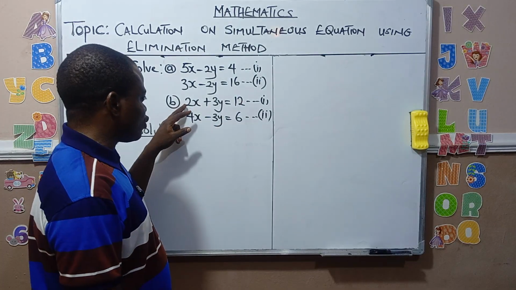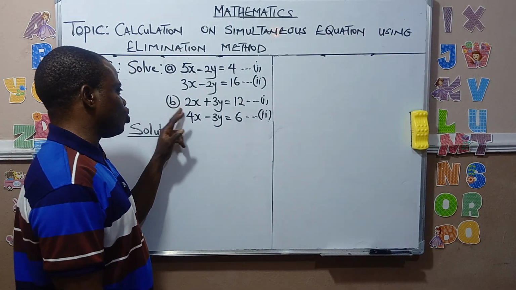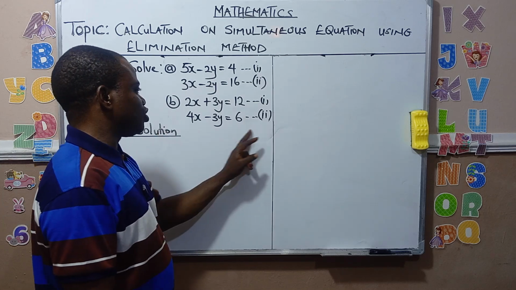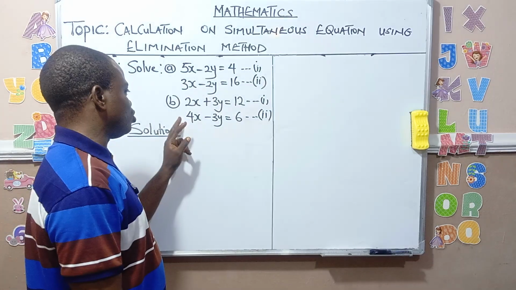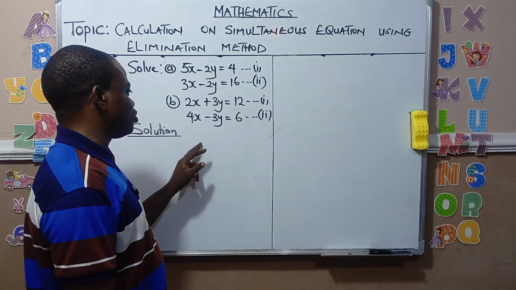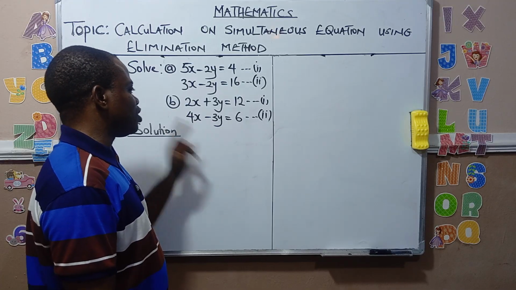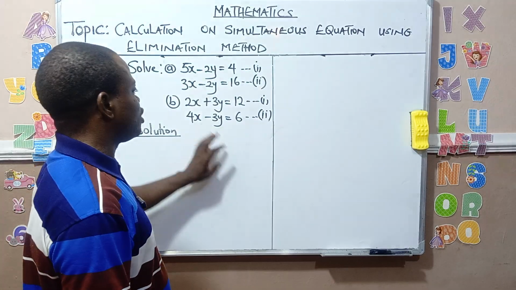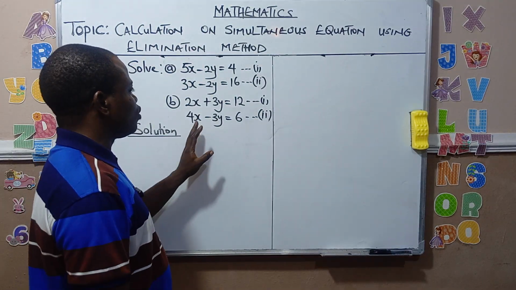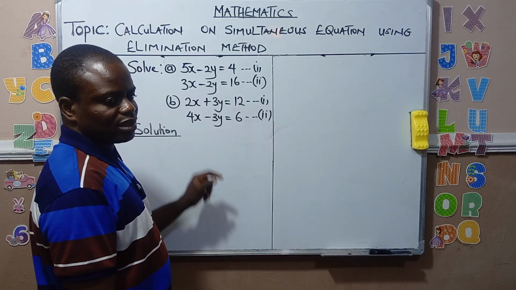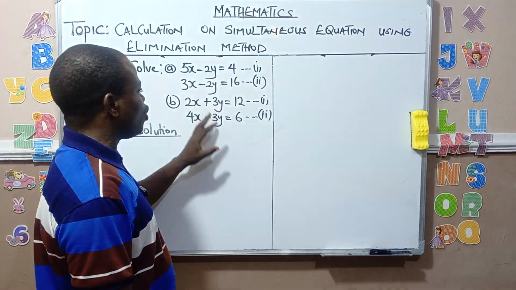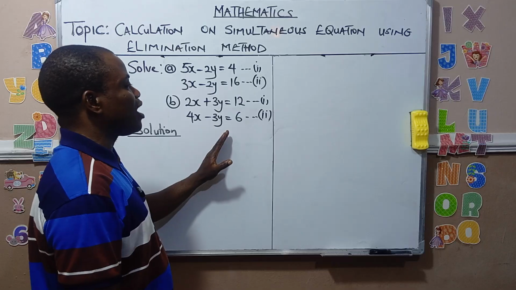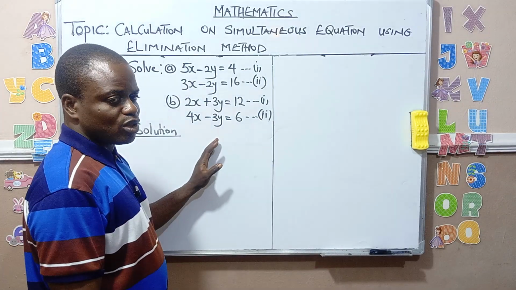You now use the coefficient of x in equation 1 to multiply all the expressions in equation 2 likewise. Now it will be 2 times 4x, 2 times minus 3y, 2 times 6, to form equation 4. In that case, you now get one of the coefficients the same, when none of the coefficients of x and y are the same. That's when you do that.